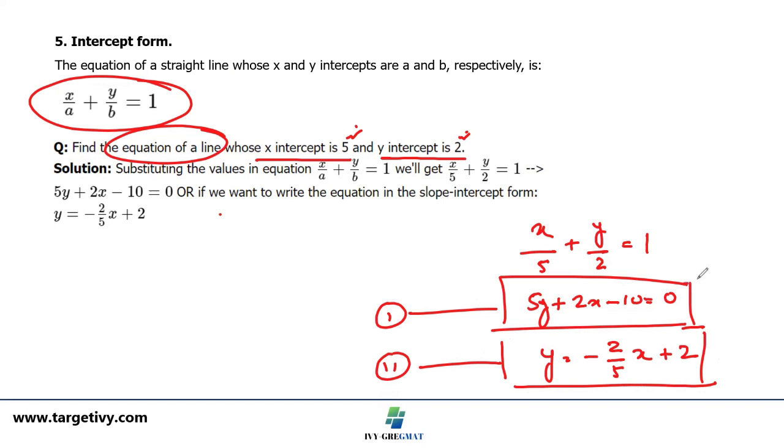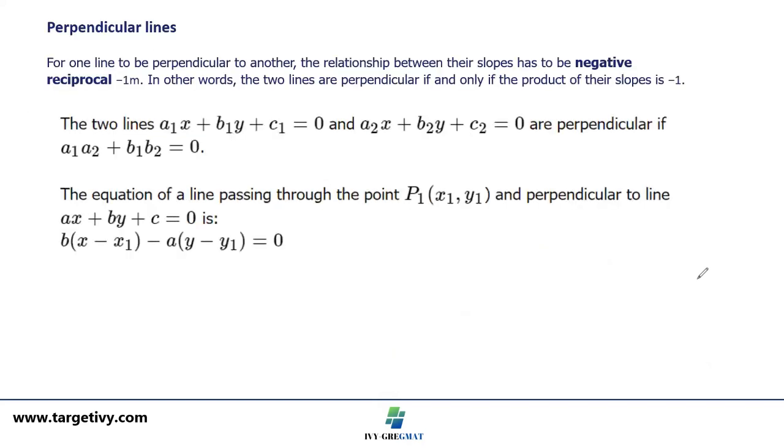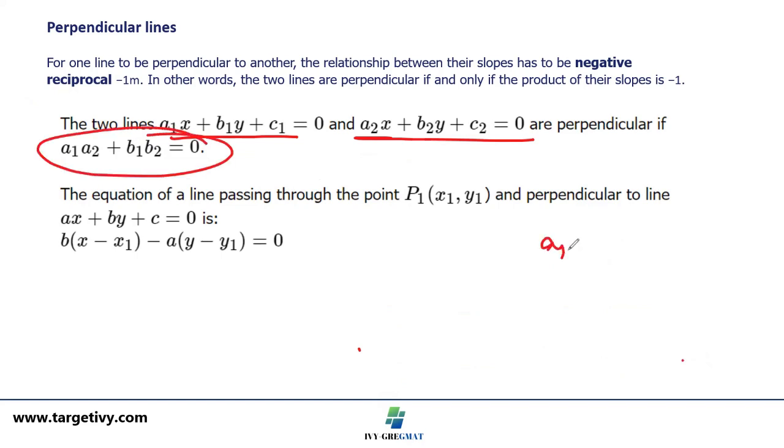Clear? So let's move on. For perpendicular lines, two lines having the equations a1x plus b1y plus c1 is equal to 0 and a2x plus b2y plus c2 is equal to 0 are perpendicular if a1 a2 plus b1 b2 is equal to 0. So let's see how it happens.